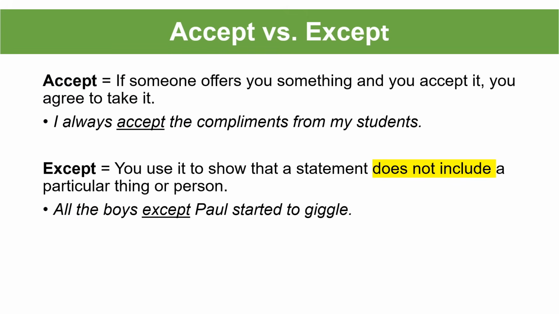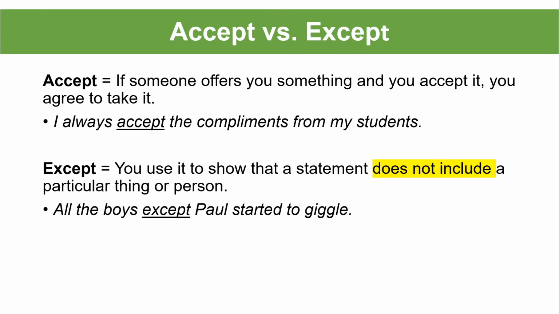Right, accept and except. Sound the same again. The verb accept, the first one with an A, means to take in or receive. When using the word accept, associated with the word acceptance, you take something in, you receive it.